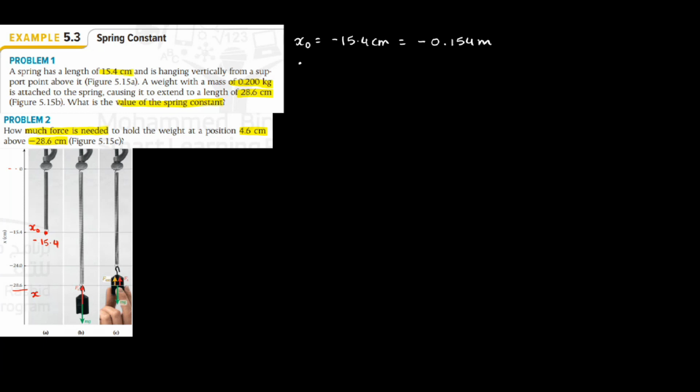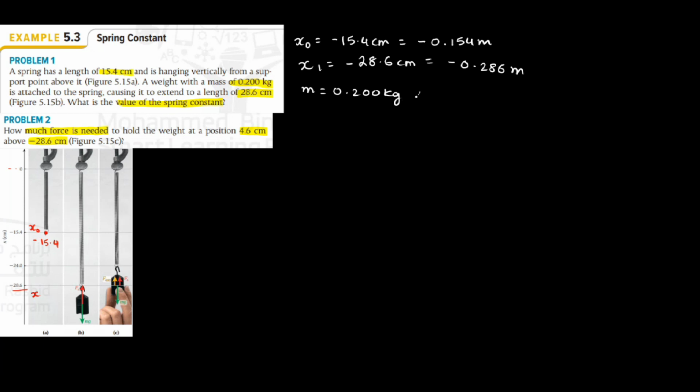The spring is stretched to a position of negative 28.6 when you attach the mass, and when I convert this to meter, I get negative 0.286 meter. The mass of the object is 0.200 kilogram.